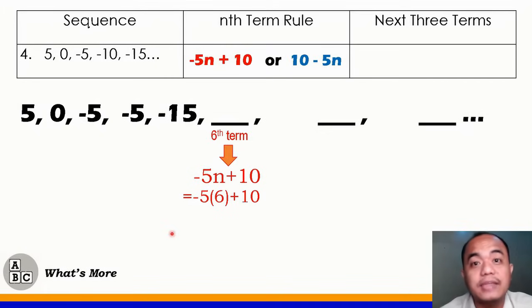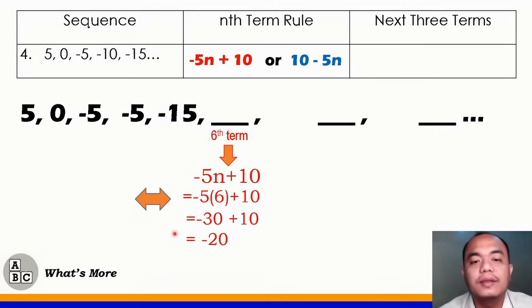Sixth term stands for 6, that's why we replace n. Since n represents the term number, the term number we are looking for here is 6. So we have 6 times negative 5, that means we have negative 30. And negative 30 plus 10 is equal to negative 20.